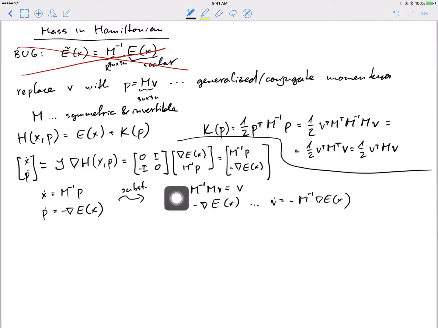Altogether x dot equals v, so x double dot equals minus M inverse, the gradient of the potential, which is really nothing but ma equals f. That's Newton's second law. So that indeed works. That's the correct dynamics.